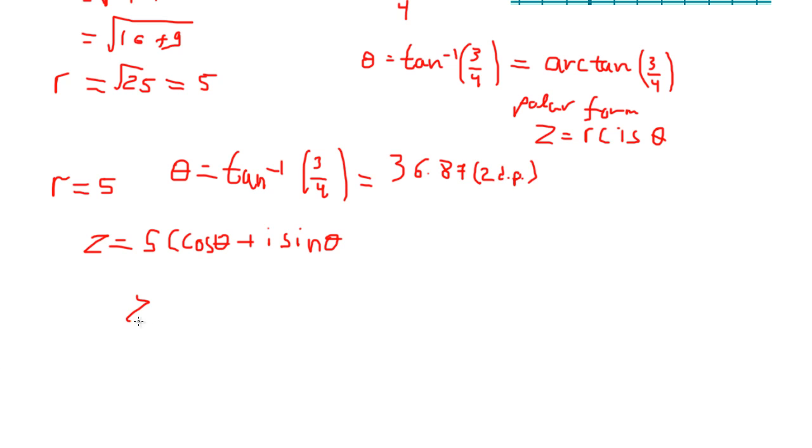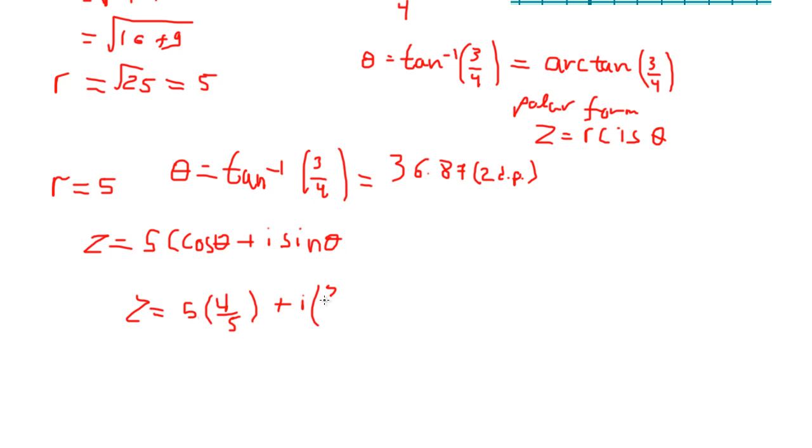So your new equation will be 5 cos 36.87, which if you put in your calculator will give you 4/5, plus i sine that value there, which will give you 3/5.